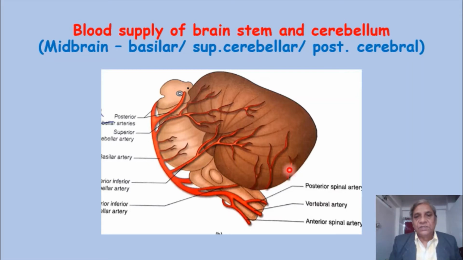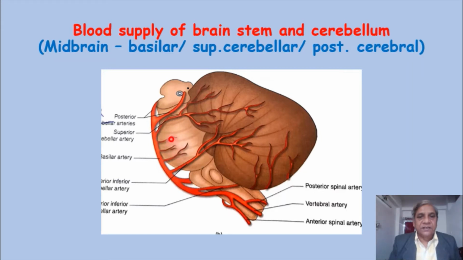So the inferior surface of the cerebellum is supplied by two cerebellar arteries, the posterior inferior and the anterior inferior, while the superior surface of the cerebellum is supplied by the superior cerebellar artery. So both surfaces of the cerebellum are supplied by these arteries.